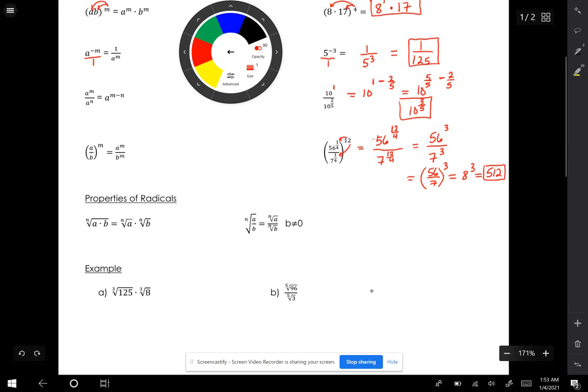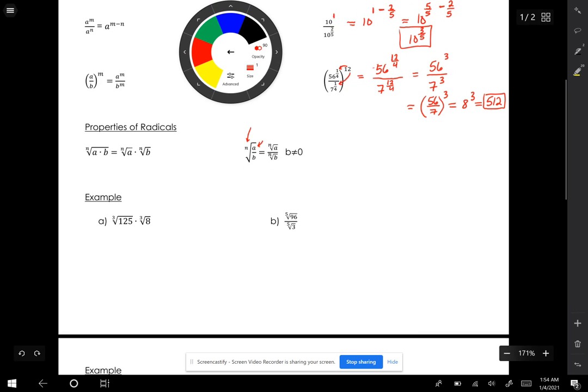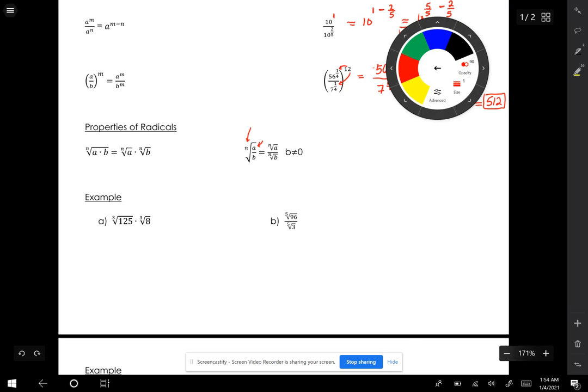So if you look at this index, it's going to be the same for each number, each base. So you could just separate it. So it'd be nth root of a divided by nth root of b, radical a, whatever n is. That's how you would write it. And b just can't equal 0 because you can't divide anything by 0.